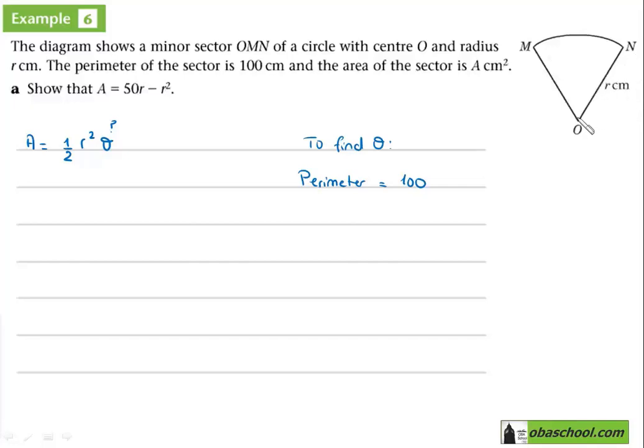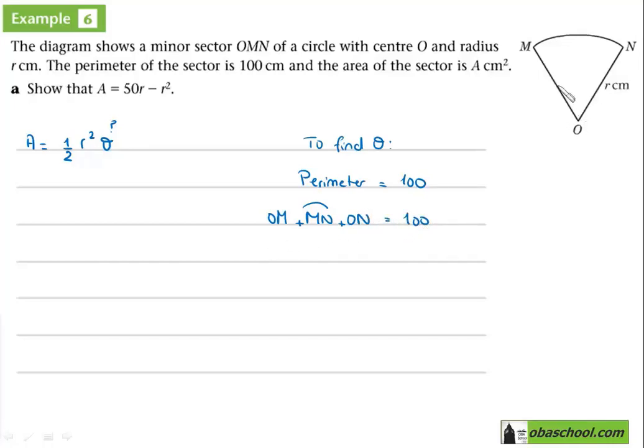It starts with length OM plus arc MN plus length ON. All of these are equal to 100.